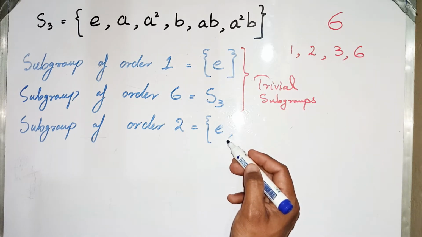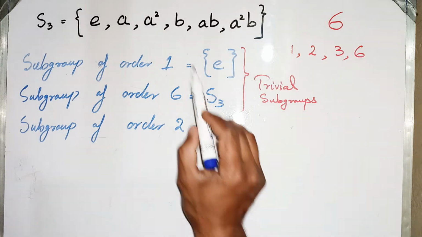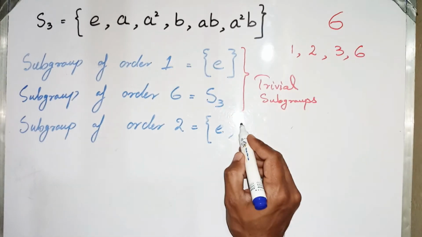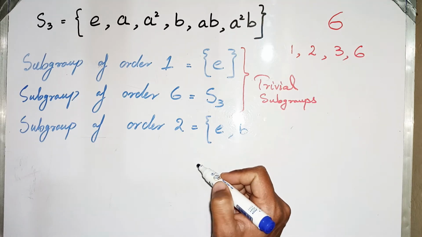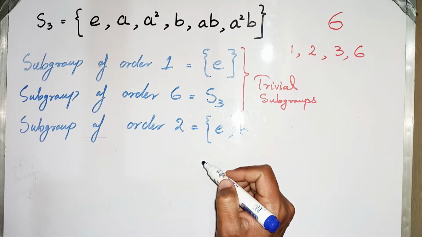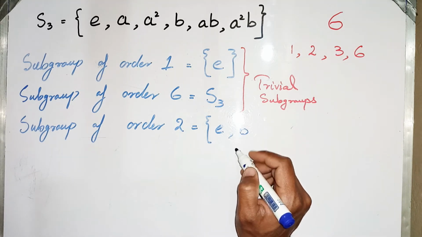Then you will select any element of the group. Suppose here I am going to select B. When you select any element, you must also write its inverse. That is the procedure of making a subgroup.